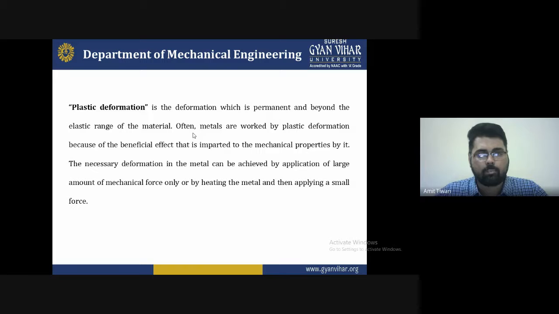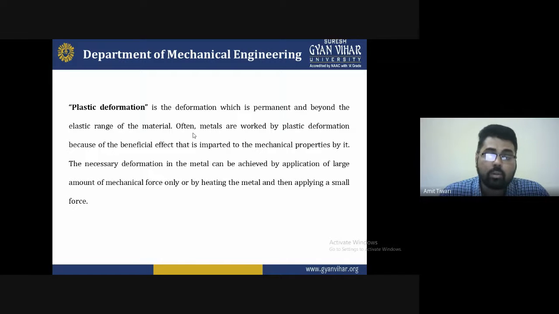Every metal has an elastic limit and a plastic limit. But how can we find the plastic limit of a particular metal? We check it using the ultimate tensile strength, with the help of the universal testing machine, or by hardness tests such as the Vickers, Brinell and Rockwell hardness tests.